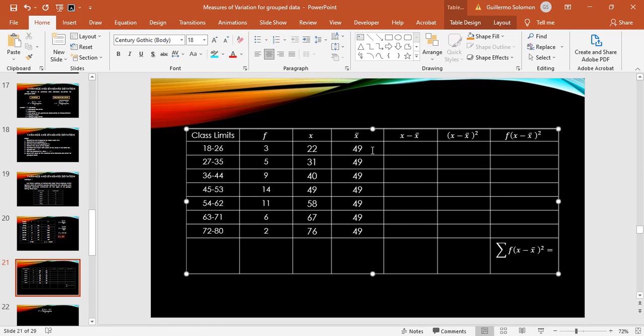So, sabi, subtract natin yung mean from each of the class mark. Okay. So, 22 minus 49, that is negative 27. So, 31 minus 49, that is negative 18. Okay. So, negative 9. 0.